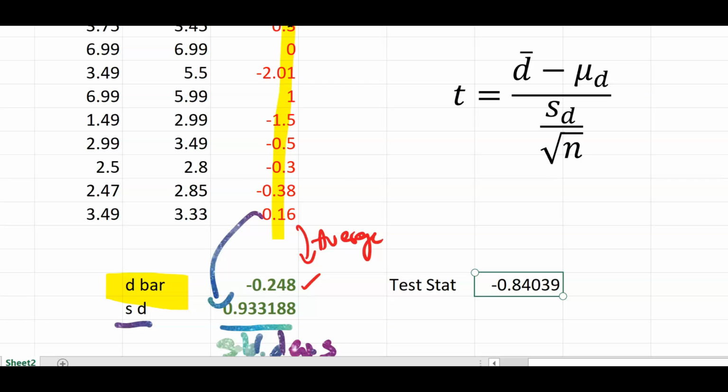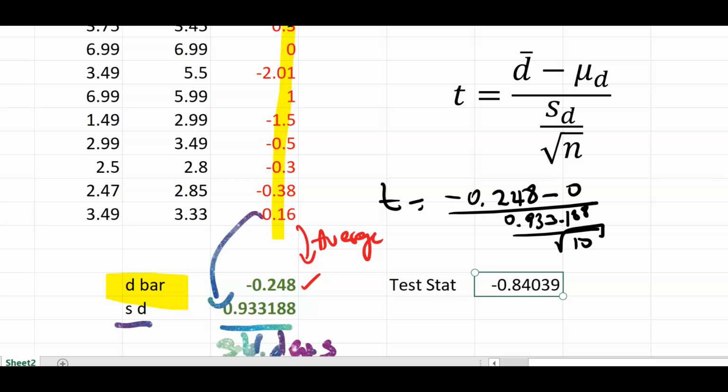So this test statistic has been obtained as negative 2.48 minus 0, divided by the standard deviation 0.93188 over the square root of 10. So this will be my test statistic, which is here.